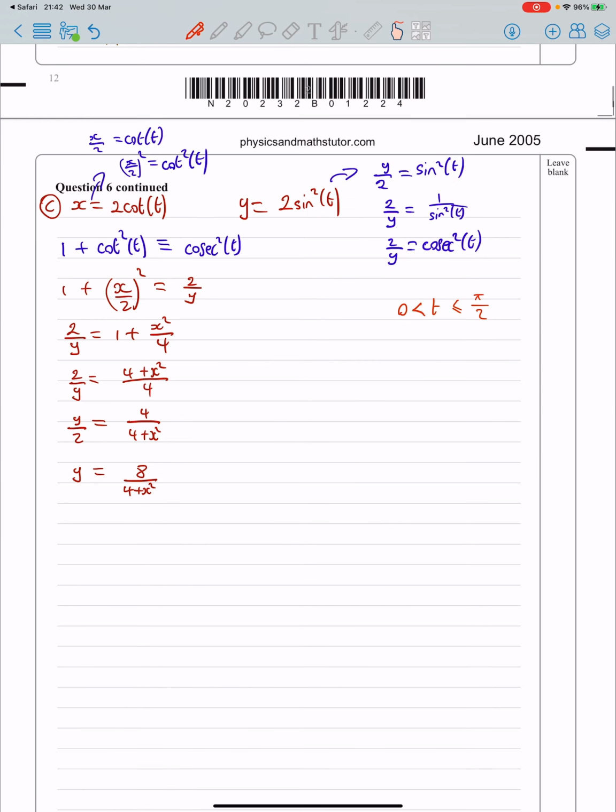Okay, yeah, cool. All right, so if that's the case, then for sine squared, we know that the lowest value is going to be 2 sine squared of 0, and the highest value is going to be 2 sine squared of pi over 2.